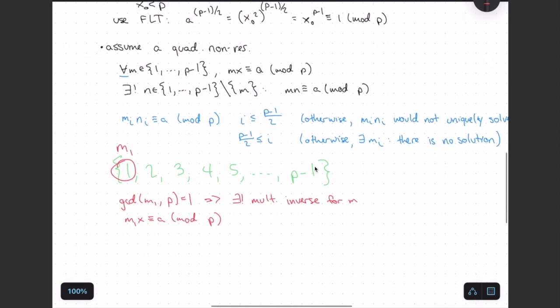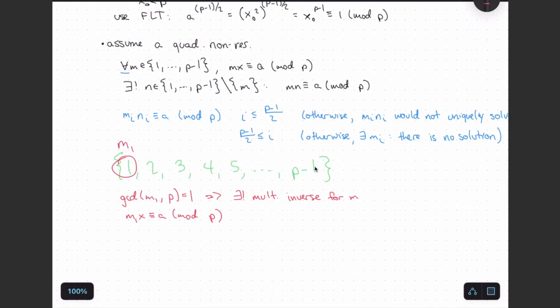We can solve it by saying the inverse times a is equivalent to x, and then we're going to assign n1 the value of this x. So let's say that it's 4 here.